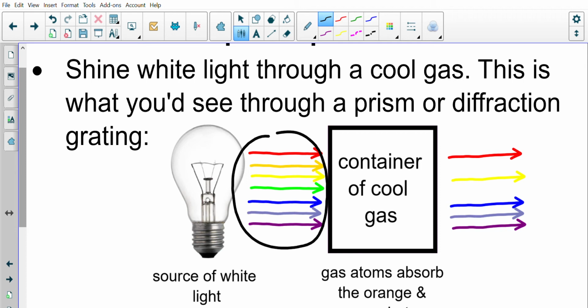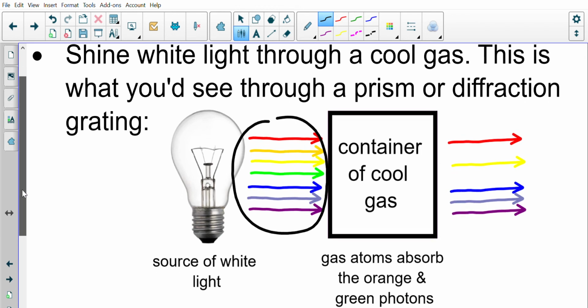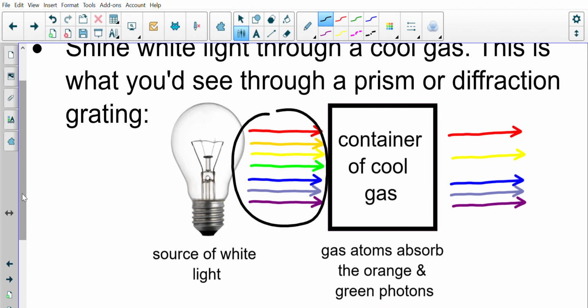And in this case, we're going to say that this particular cool gas absorbs the orange and the green photons. Now, which photons are absorbed depends on the type of gas, okay? So different types of gas are going to absorb different colors. So that means if we look at the colors coming out of the cool gas, it's not a full rainbow anymore.